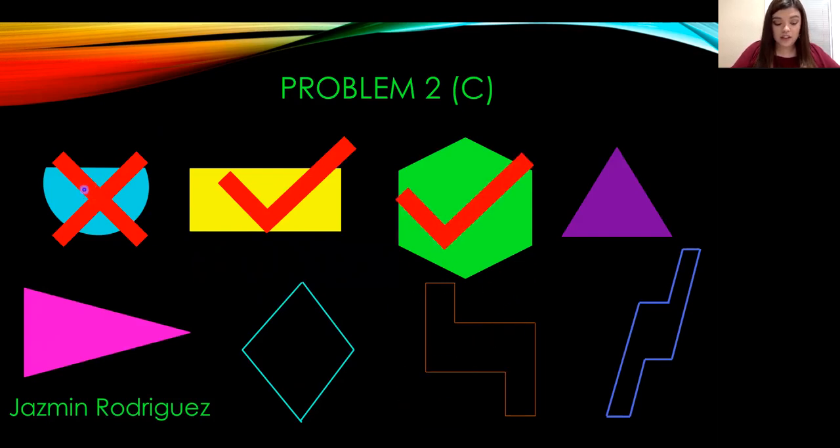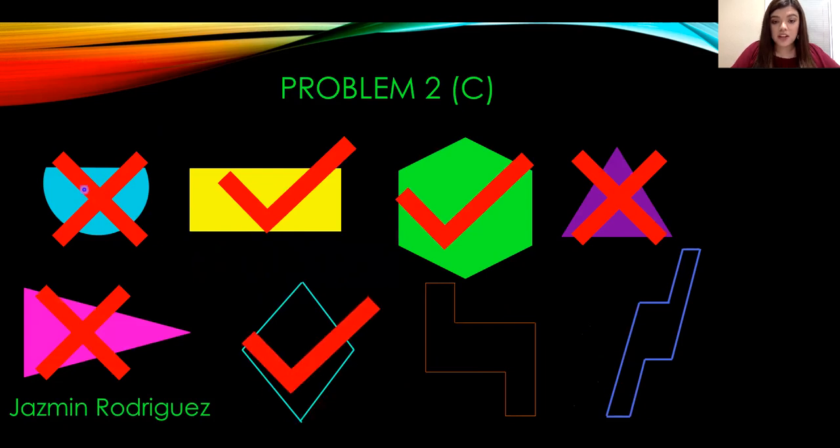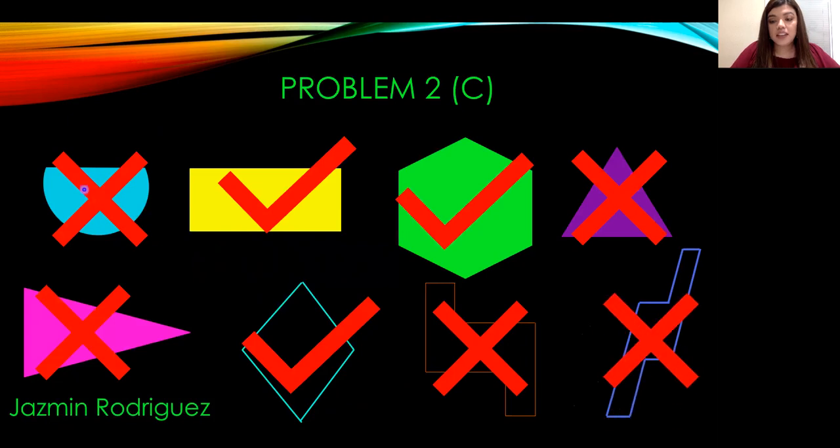This one did as well, and it had rotational. This one had no rotational. This one had no rotational symmetry as well. This one did have a line of symmetry. This one had no reflection symmetry. And this one had no reflection symmetry.